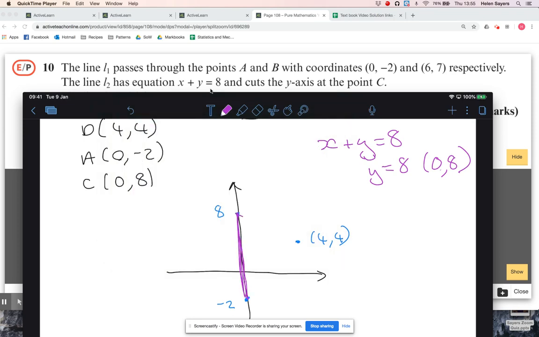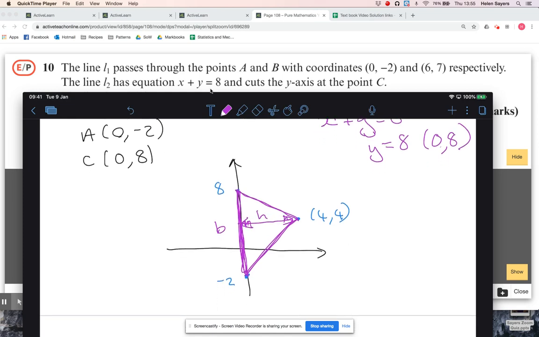And this was the triangle they want the area of. If I take that as the base, and look at it in that orientation, that's all quite straightforward. The base is basically just going to be the difference between minus 2 and 8. So the base is 10.